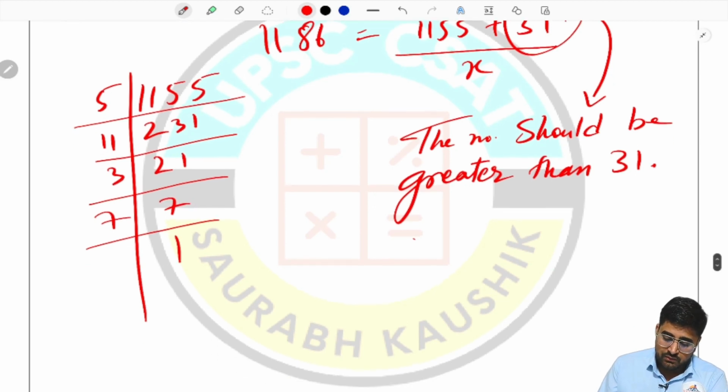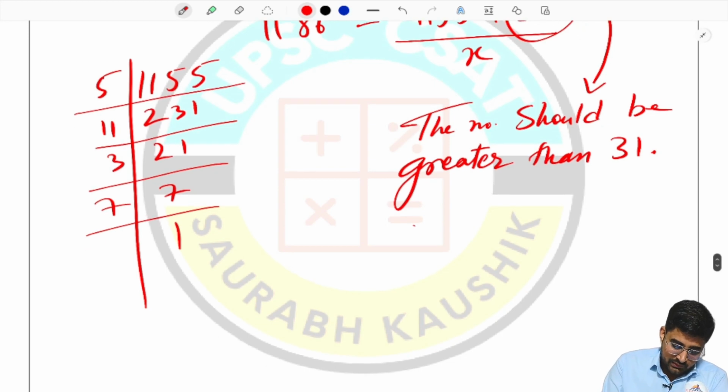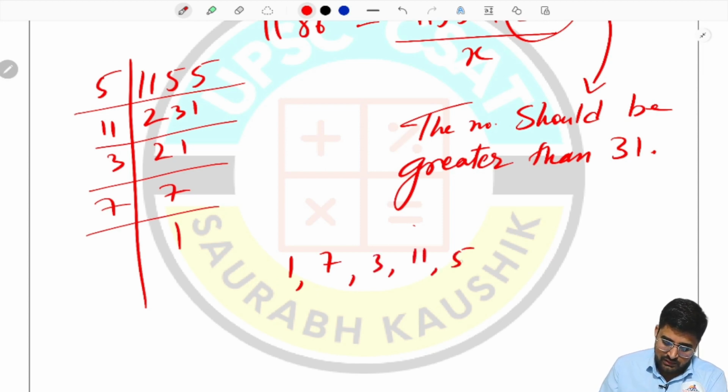Now we have to try to remove the factors which are below 31. 1, 7, 3, 11, and 5 are there. Now 11 into 5 is 55, which is greater than 31, so don't consider them.